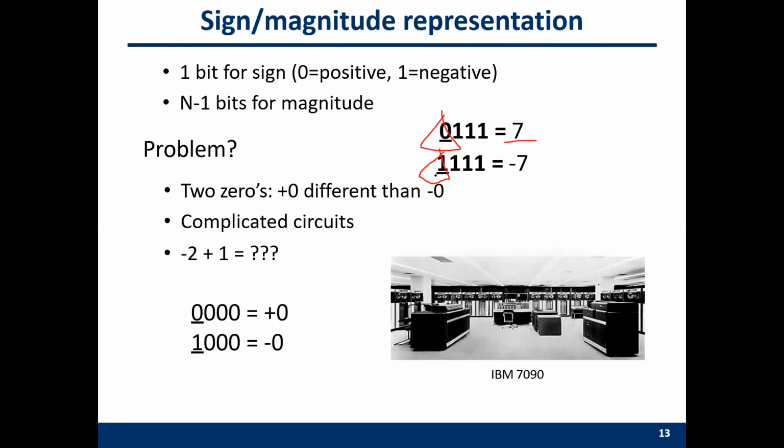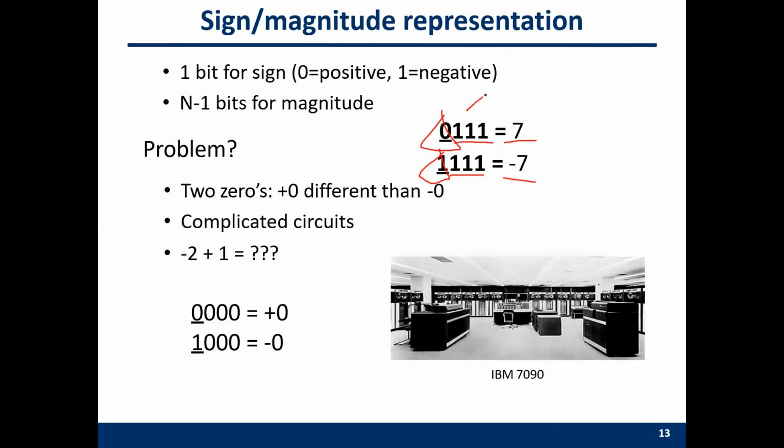If it's a 1, then this is a negative number. Then the absolute value of a number is decided by the other bits here, these 3 bits.